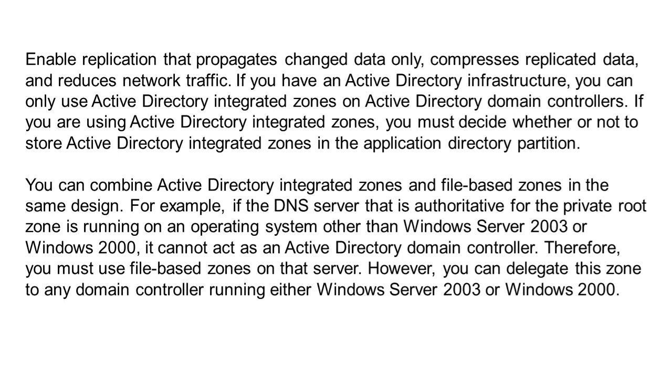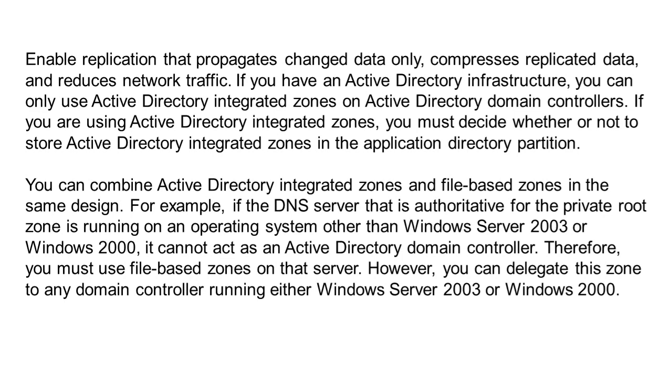If you have an Active Directory infrastructure, you can only use Active Directory integrated zones on Active Directory domain controllers. If you are using Active Directory integrated zones, you must decide whether or not to store them in the application directory partitions. You can combine Active Directory integrated zones and file-based zones in the same design.